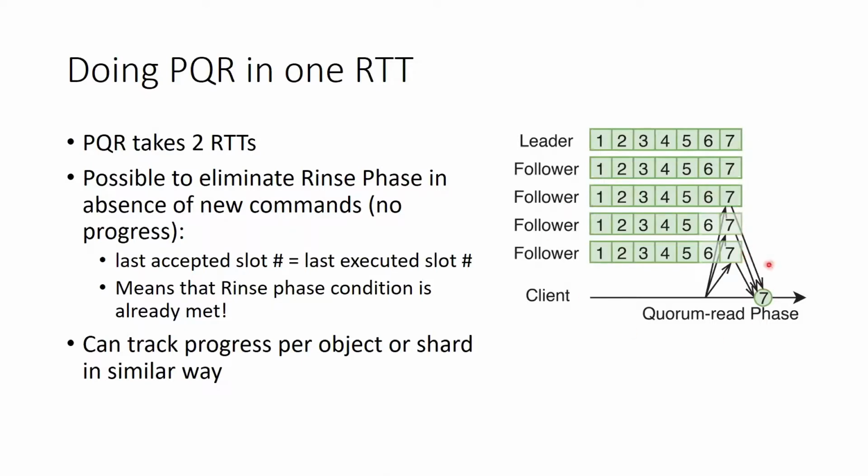So if we read a quorum of followers, and they all return the accepted slot being the same as the executed slot, then we know that there is no other operation at this point in progress at the stage where it already reached the followers. So it's safe to return this slot 7 right away, because there is nothing else going on.